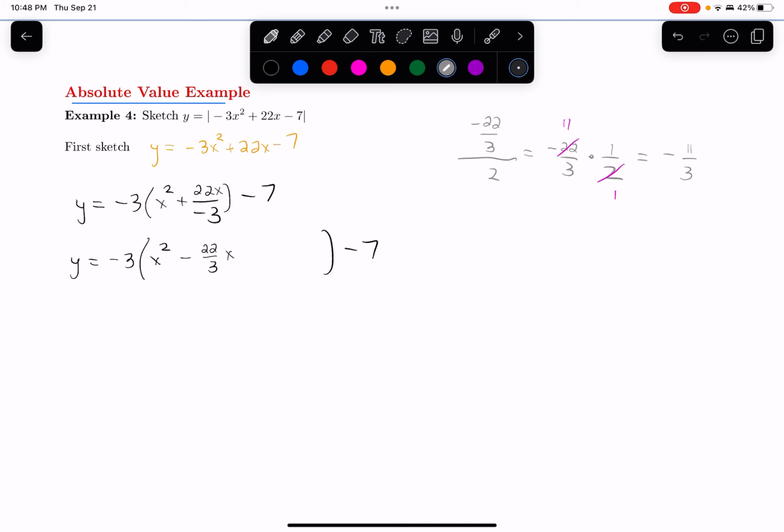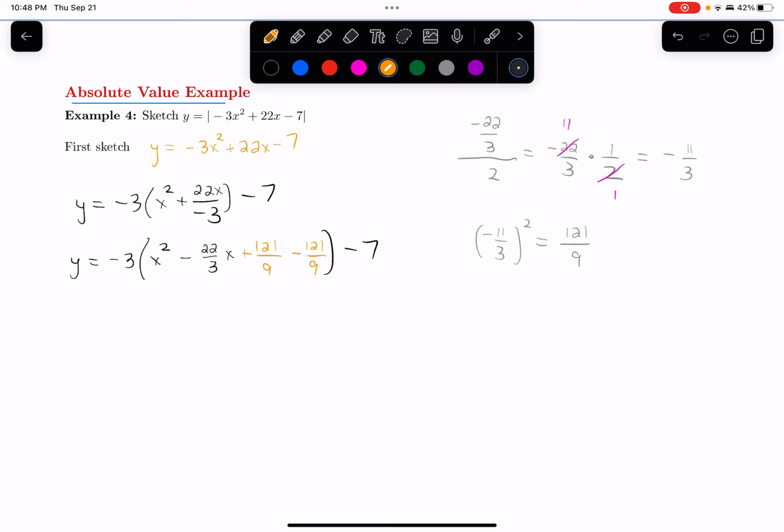Now I've got to square it. So negative 11 over 3, squared, is going to be 121 over 9. So I have to add that number, add 121 over 9, and subtract 121 over 9. Both of those need to happen inside of the parentheses, right? We talked about why that is in the last video.